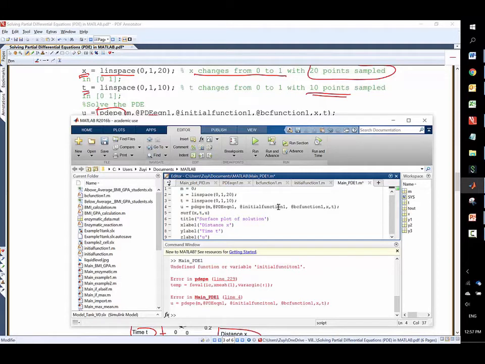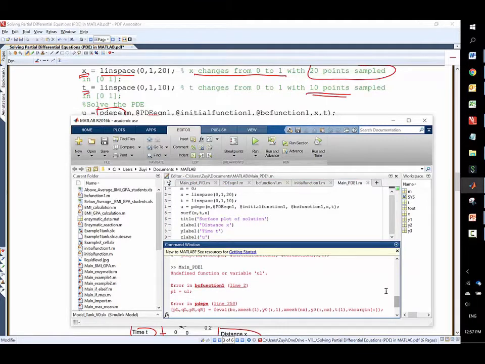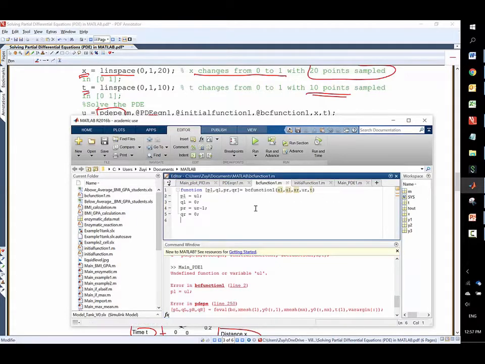Okay, so run again. Okay, be careful, this should be UL. So here, the boundary condition should be UL. It should be UL.